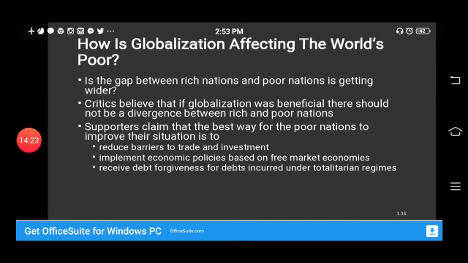Finally, critics of globalization worry that the gap between the rich and the poor is growing and that the benefits of globalization haven't been shared equally. While supporters of globalization concede the gap between rich and poor has gotten wider, they also contend that it has more to do with the policies countries have followed than with globalization.